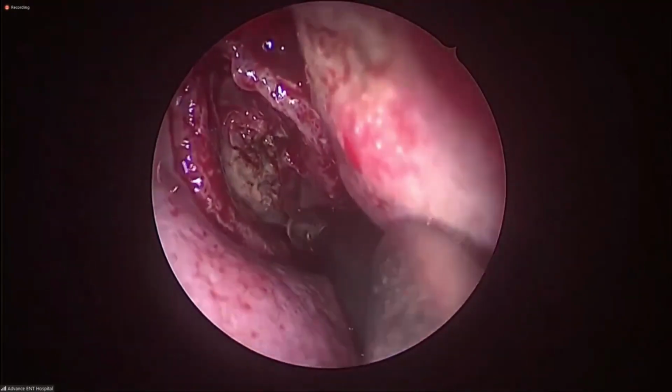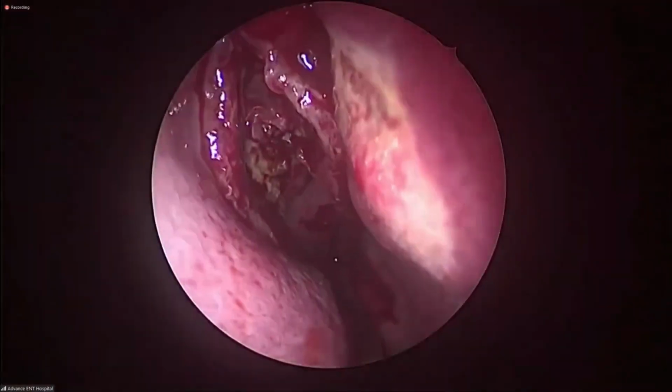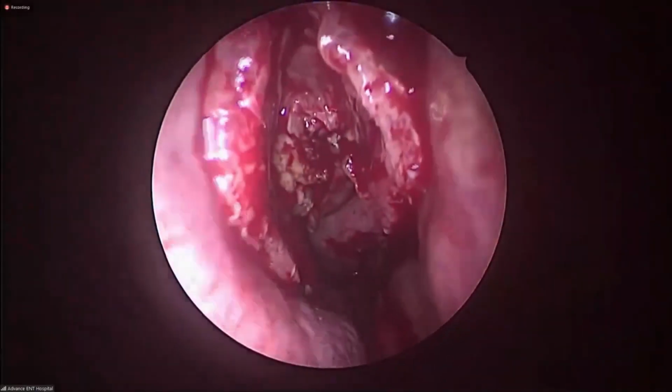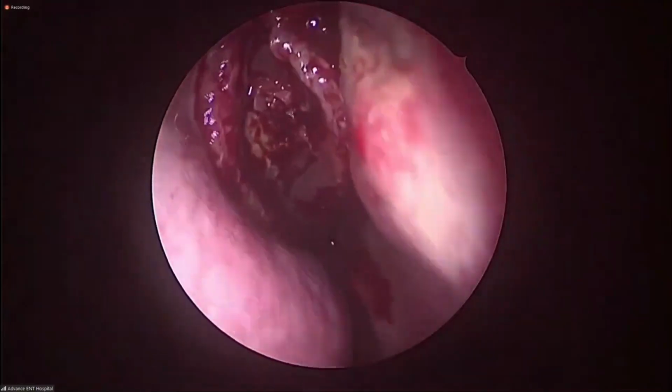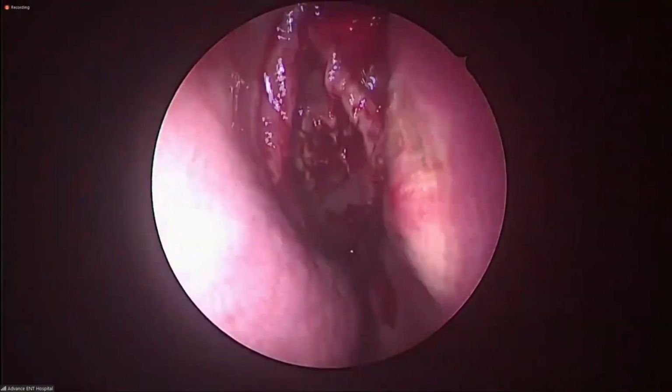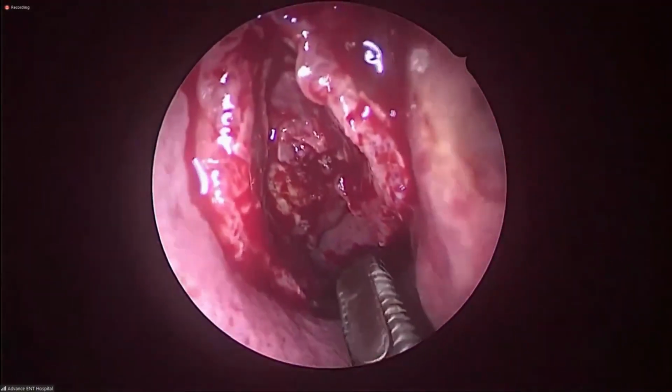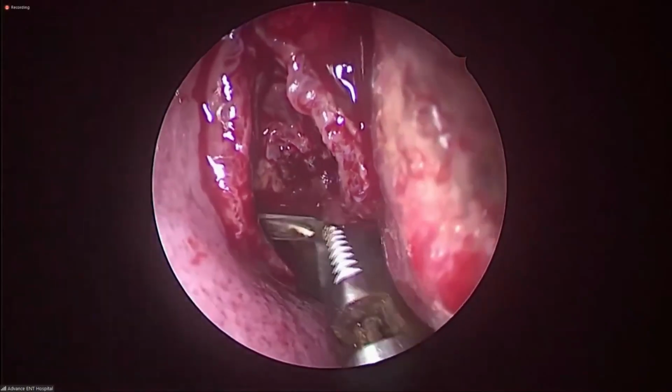See, all these are maneuvers to improve your field visualization. See now? Now give me reverse biting. I know wherever I bite, it is going to bleed. Yes, sir.